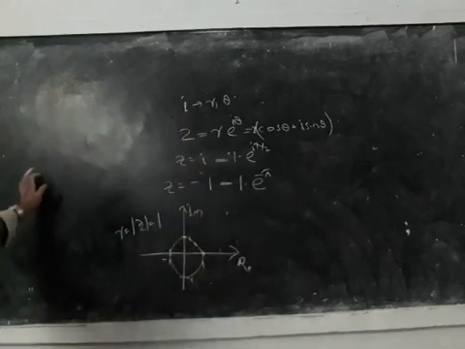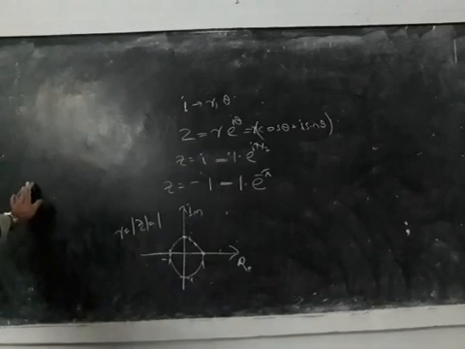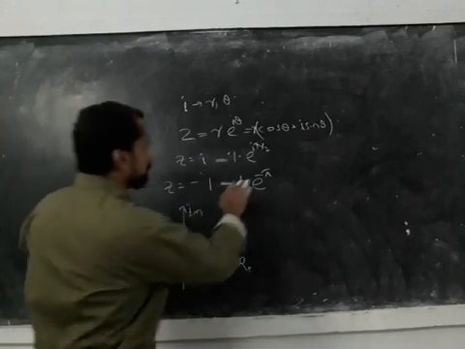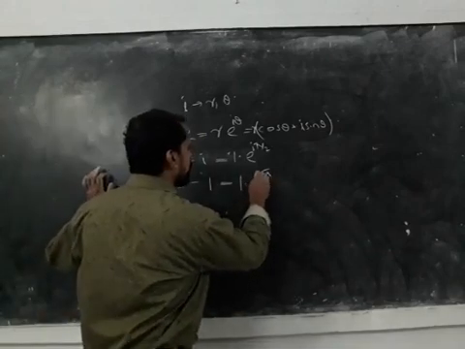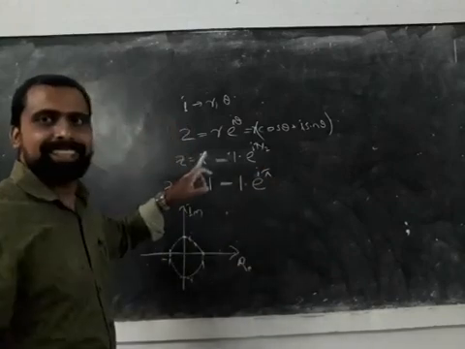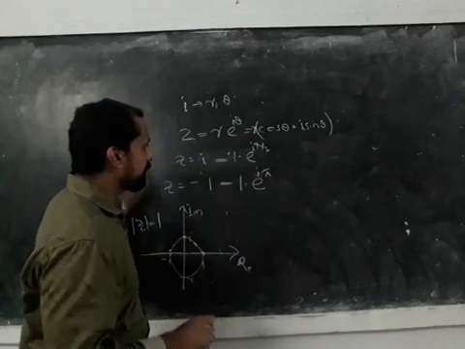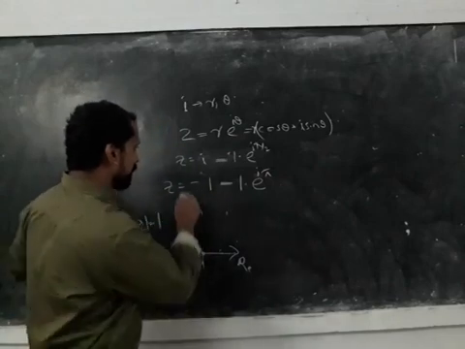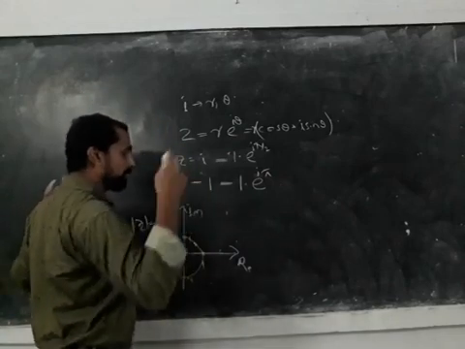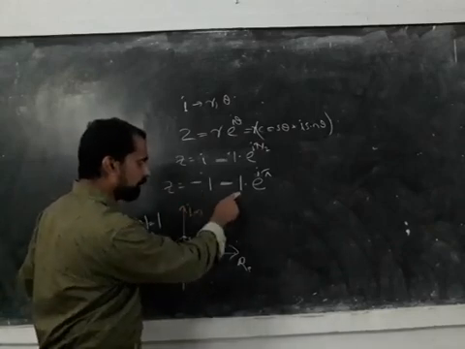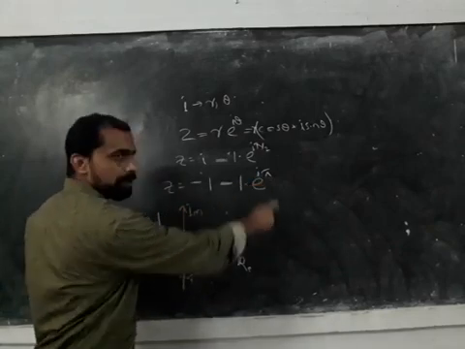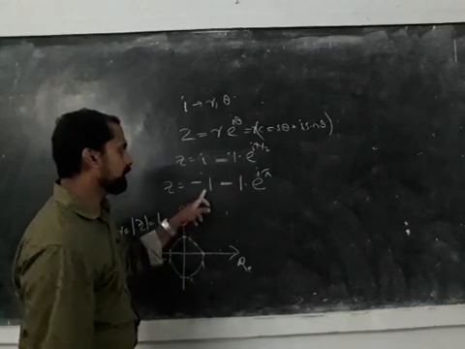Sorry, I made a mistake, not minus pi, pi. Cos pi is minus 1. So minus 1 is equal to 1 into e raised to i pi. Okay, so that will give you minus 1.